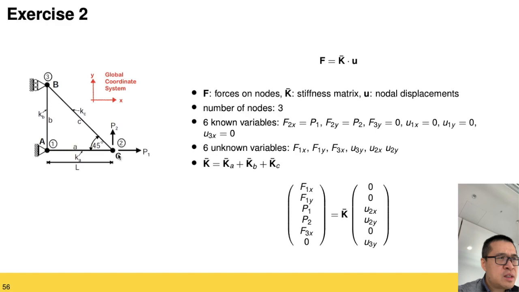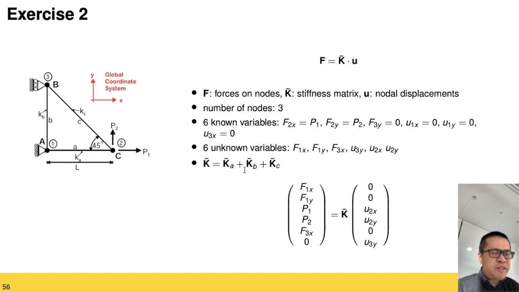Because the roller only allows node 3 to roll up and down, the horizontal displacement on node number 3 will also be 0. But we don't know the displacement on node number 2, so this leaves us with 6 unknown variables: F1x, F1y, F3x, U3y, U2x, and U2y.